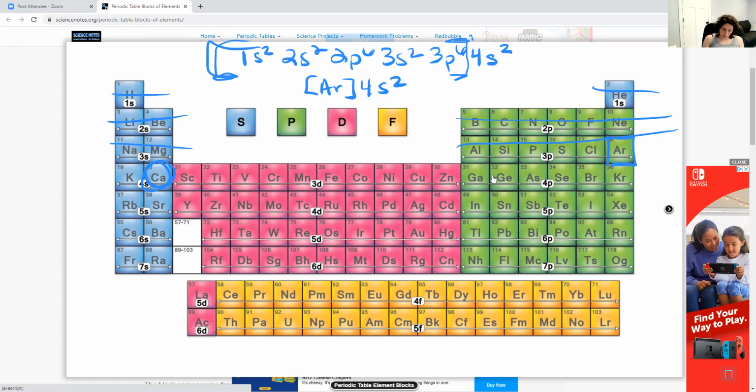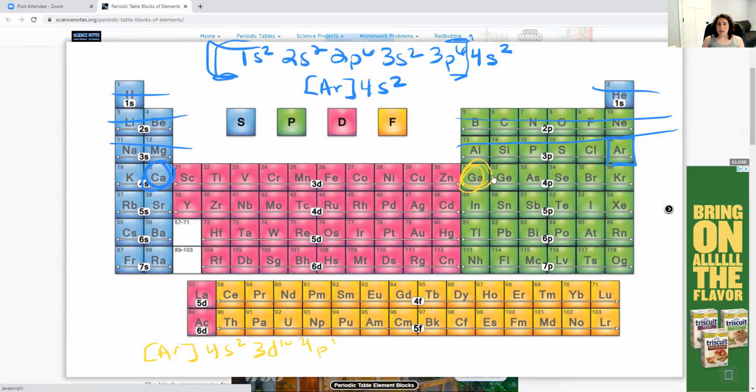So here is gallium. Its notation was, let's see, argon, and then we had 4s2, 3d10, and then 4p1.